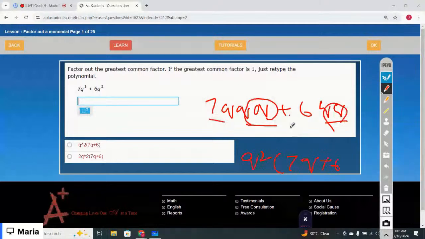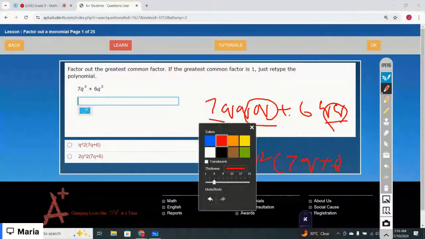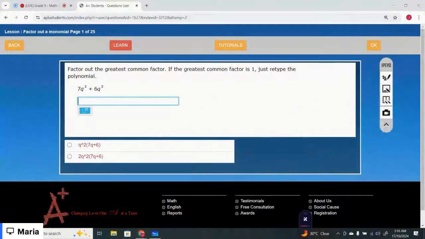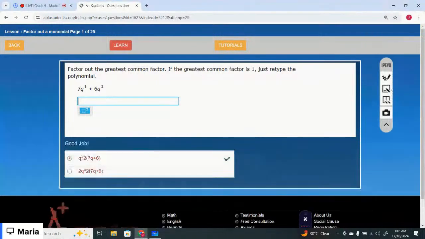Option number 1 is the correct option, that is q squared times 7q plus 6. Got it?